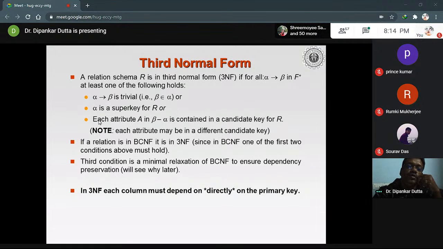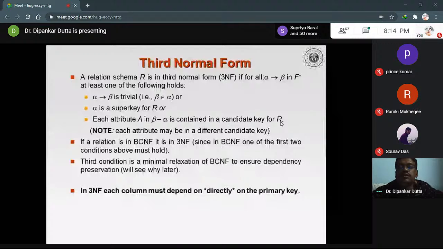A third thing is that each attribute A in beta minus alpha is contained in a candidate key for R. So suppose beta is AB and alpha is A, then beta minus alpha means AB minus A equals B. B must be in a candidate key for R. That is the third condition.